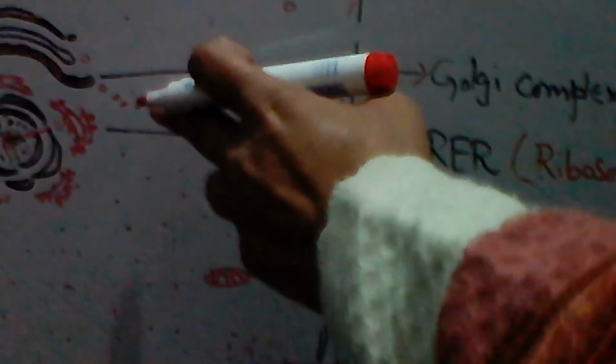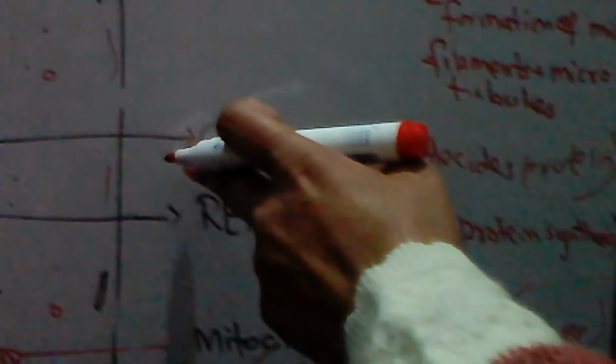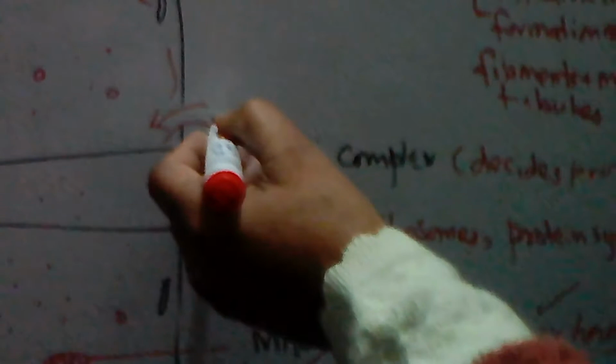These vesicles pack the foreign particles coming from the various places and send them to the places where they are needed. Golgi complex also performs another specific function, that is, it decides which protein will come inside the cell and which protein will go out of the cell.